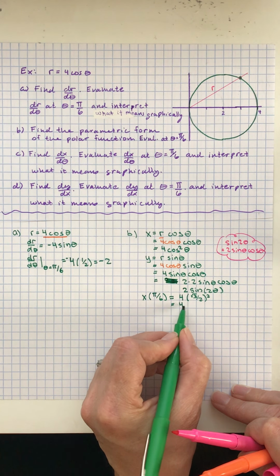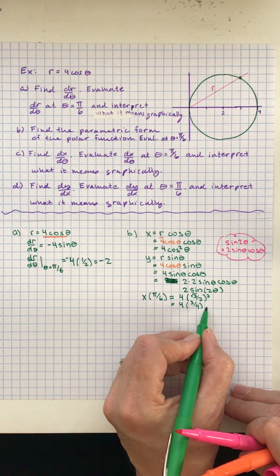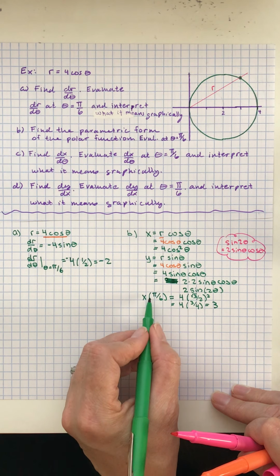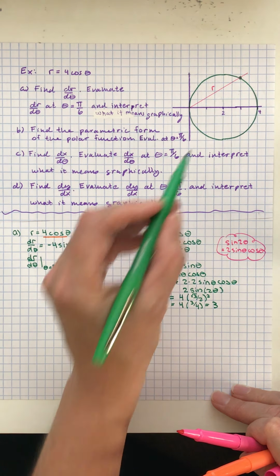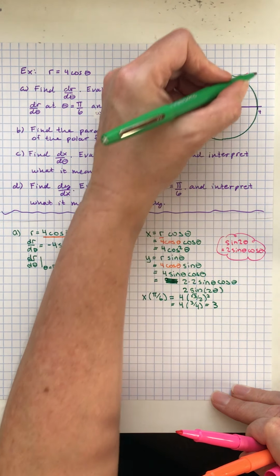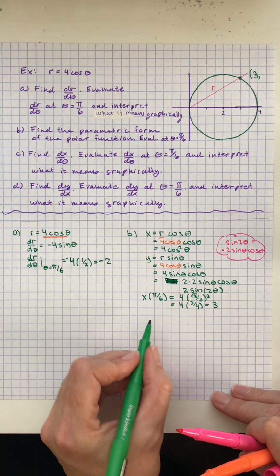So that would be 4 times 3/4, or 3. And that's saying that the x-coordinate on this function when the theta value is pi over 6 is positive 3, which looks pretty good there.